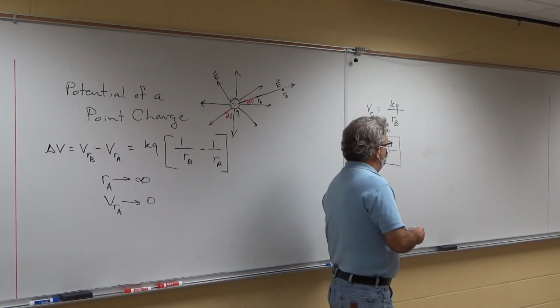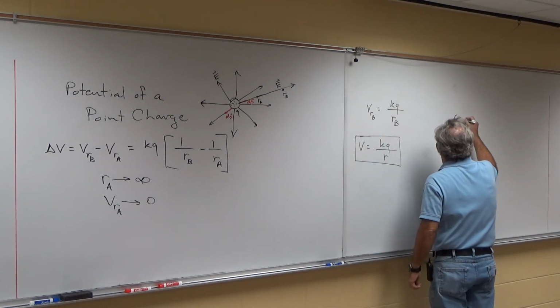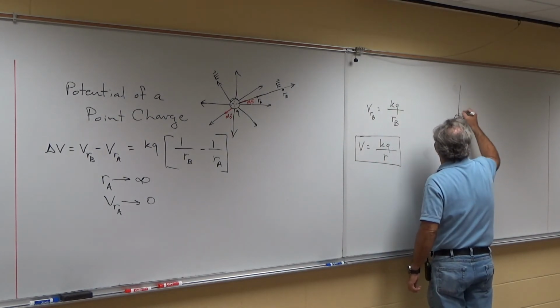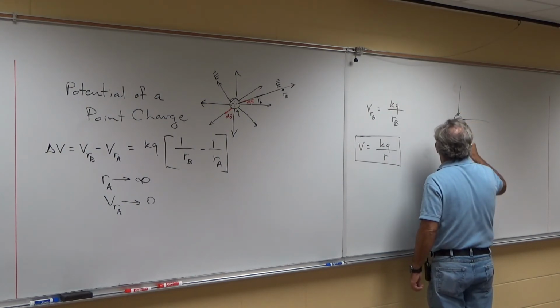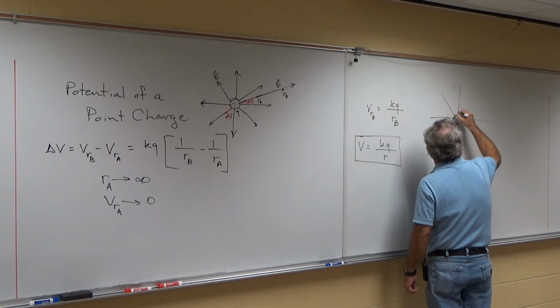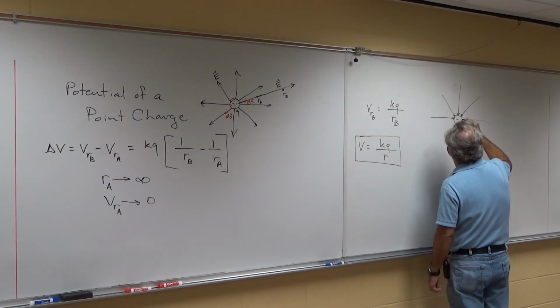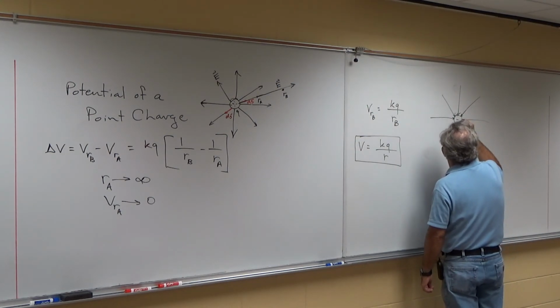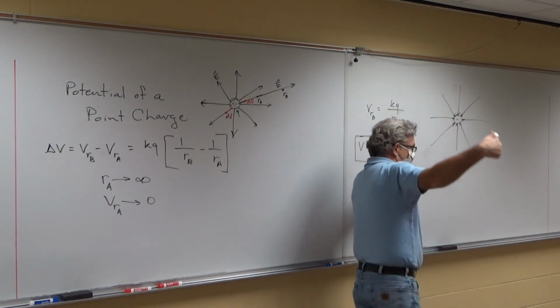Okay? What about a negative charge? Here's a big fat negative charge. So I know that the field lines for a negative charge look like, or we imagine them being like this. They're little vectors that are pointing inward.